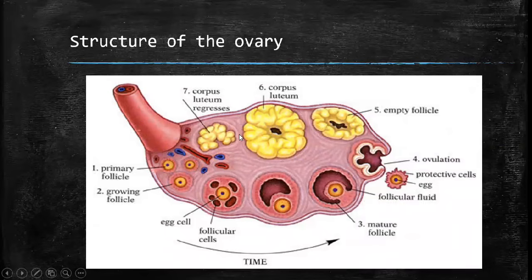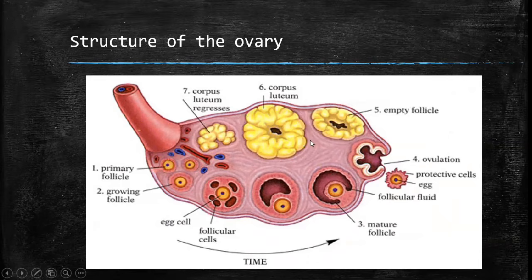But this yellowish part that you can see is what we call the corpus luteum. These structures are corpus luteums, but in different stages. This one is the empty follicle. It's the corpus luteum regress. This one degenerates. This is the corpus luteum when it's fully developed. This one is the empty one.